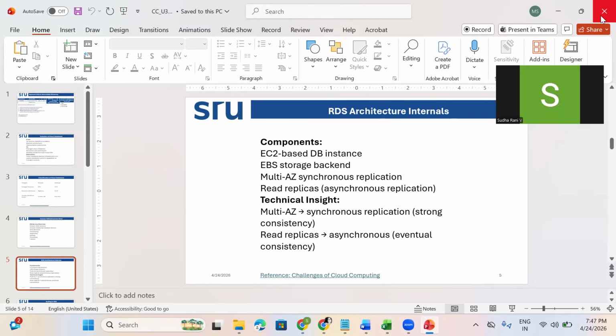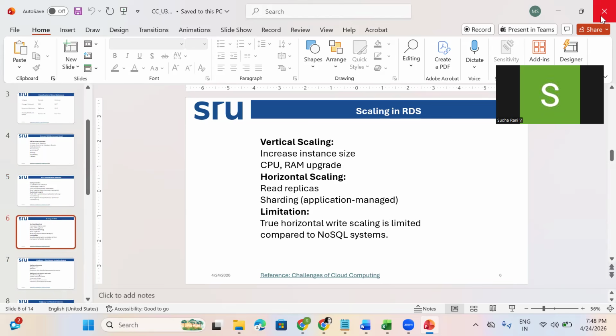Technical insights: multi-AZ synchronized replication gives strong consistency; read replicas give asynchronous eventual consistency. Scaling in RDBMS: vertical scaling, that is increasing instance size, CPU and RAM upgrade; horizontal scaling through read replicas and sharding, application managed. Limitation: true horizontal write scaling is limited compared to NoSQL systems.